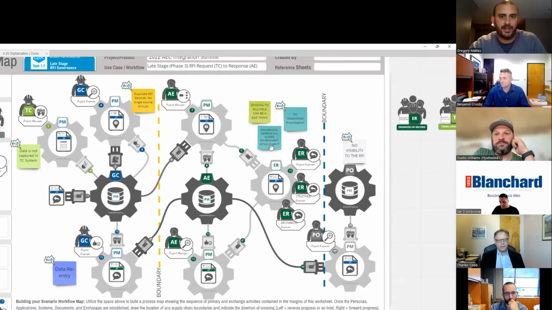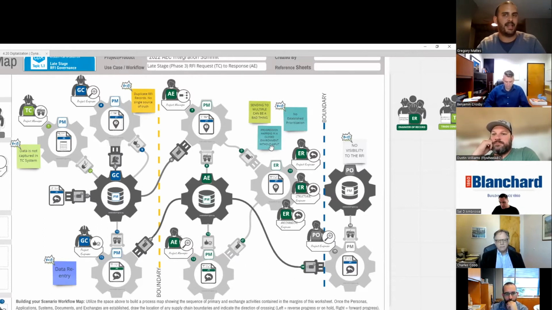Yeah, I mean, you touched on them, right? There's a lot of duplicate entry that's happening, and that duplicate entry is bad for lots of reasons. It's bad because I'm wasting my time entering information into two systems.